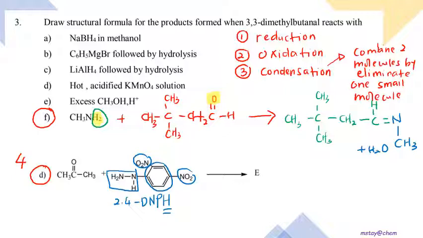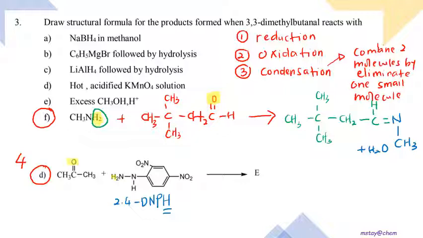Okay, so after we know the naming for 2,4-dinitrophenylhydrazine, like usual, refer to question number 3. We say that for the ketone, we are going to take out the oxygen, and for the hydrazine or the amine group, we will take out 2 hydrogens. So in this case, how are we going to draw the structure?